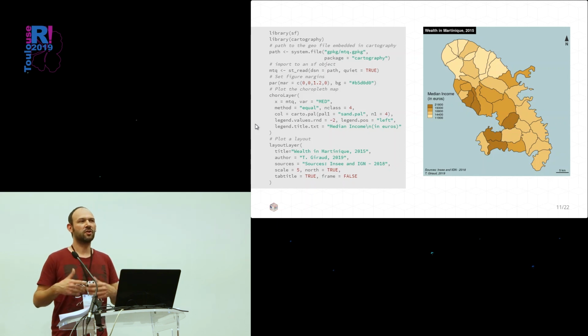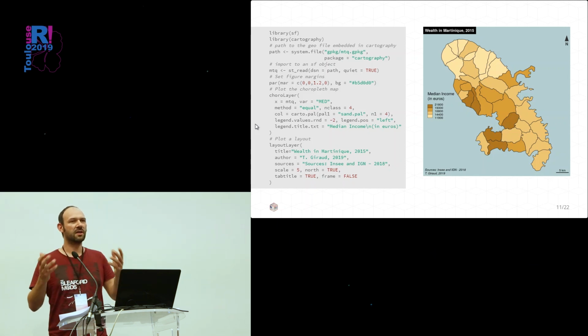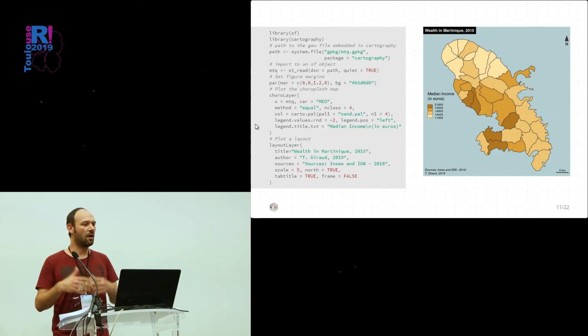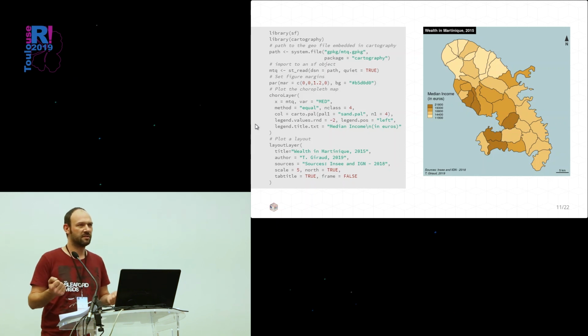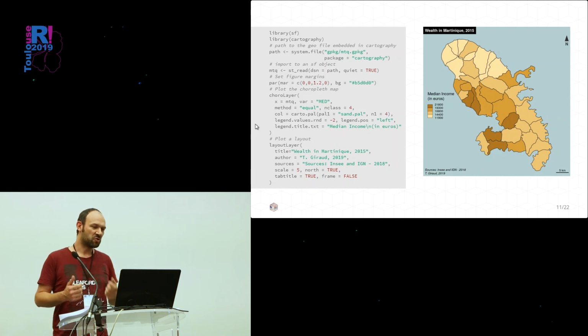Then we have some arguments to describe how we classify the data, in how many classes, with which method. We also have a set of color palettes that we created especially for the package. I'm not sure that they are very useful, given the new color features in R. And then some arguments about the placement of the legend and so on.